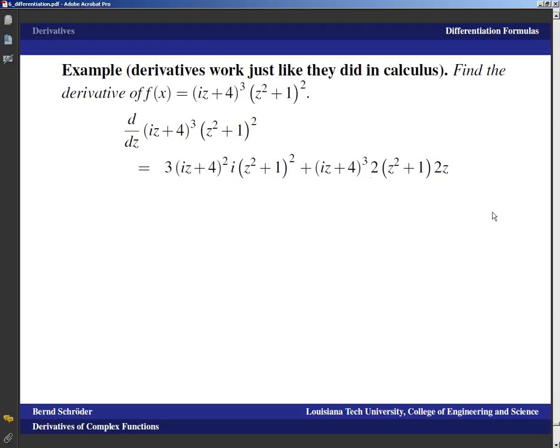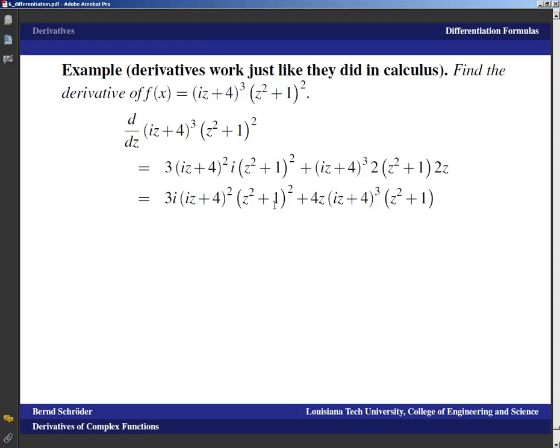And then we can factor that a little bit. Typically, there isn't too much we can do in the way of simplification, but because we'll always be interested in zeros of functions, if we have a chance to factor, then we should take that chance. So here we can factor out an (iz plus 4) squared and a (z squared plus 1).